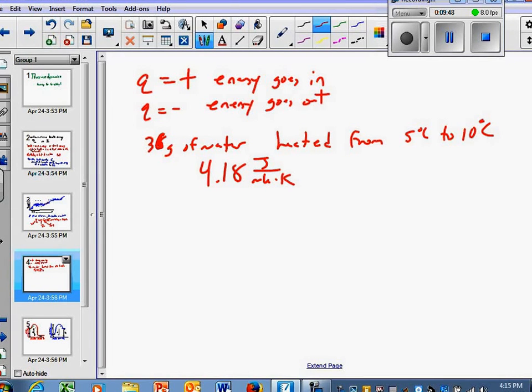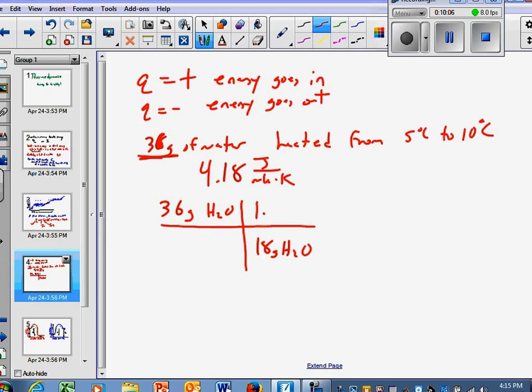Now we already know that 1 degree Kelvin takes up the same difference as 1 degree Celsius, so we do not have to change the temperature over to Kelvin here. But we do need to change our grams into moles. I'm just going to do this with quick rounded numbers. Okay, so I know there's about 18 grams in 1 mole of water, so 36 grams works out to 2 moles of water.